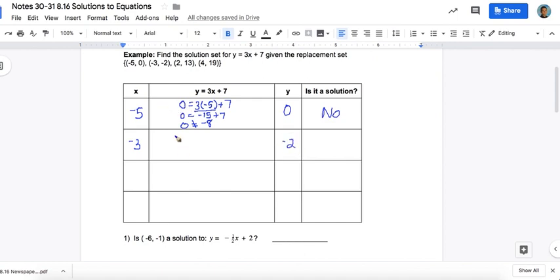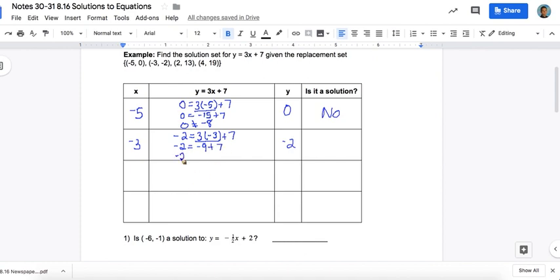The next ordered pair is (-3, -2). So we're going to take out the y and put -2. And we're going to do 3 times my x value, which is -3, plus 7. So now I'm going to keep just bringing down the left side because there's no operations to do on that side. So 3 times -3 is -9, plus 7.